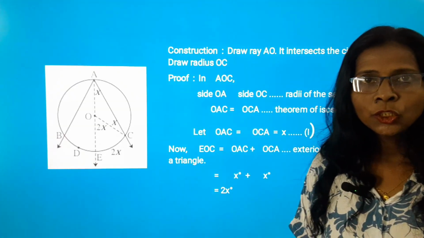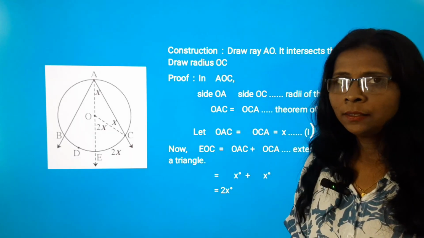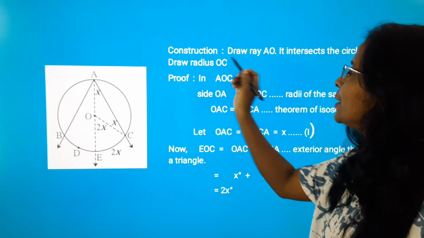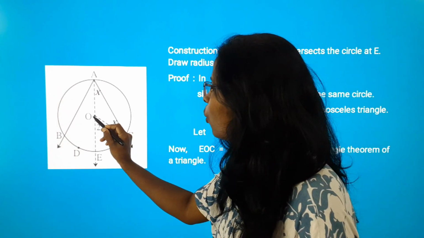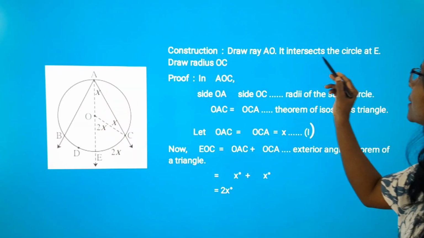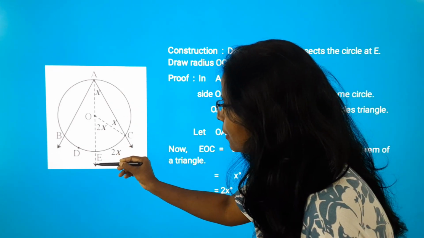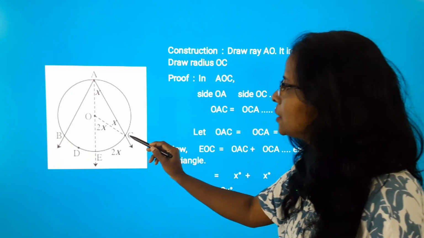There is a construction, students, without which the theorem cannot be proved. Here we construct: draw ray OA, and it intersects the circle at E. Then draw radius OC.